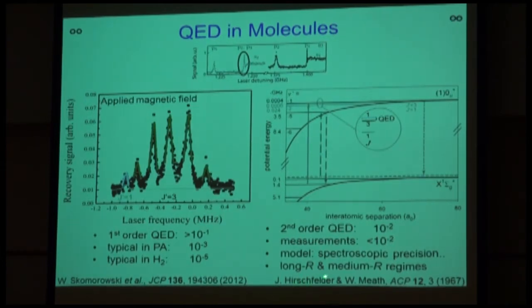So we can test this QED contribution versus the size of the molecule. There's some old work that's very commonly used, I think, to calculate QED for long range and medium long range. And there's a theoretical transition for how to calculate it for one regime versus the other. But I don't think it's been experimentally observed that that's actually valid. But we're getting into the precision where this becomes really important.